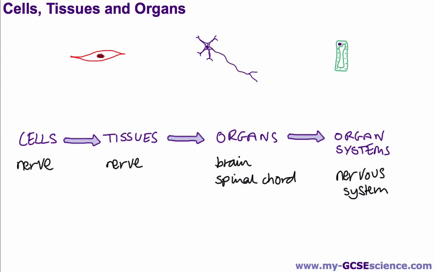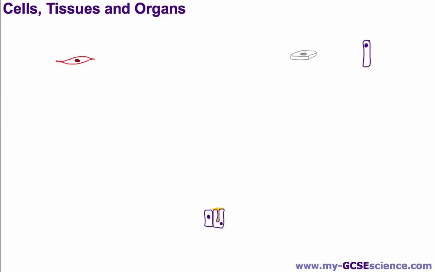Now, there are three particular kinds of cells and tissues that you need to know about for this specification, and the first one is over here. It's the muscle cells. So here I've got a simple diagram of one muscle cell, and to make the tissue we would need lots of these joined together to carry out the particular function of being able to contract and therefore allow movement.